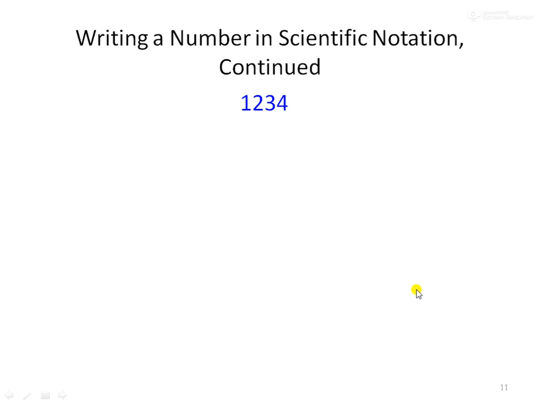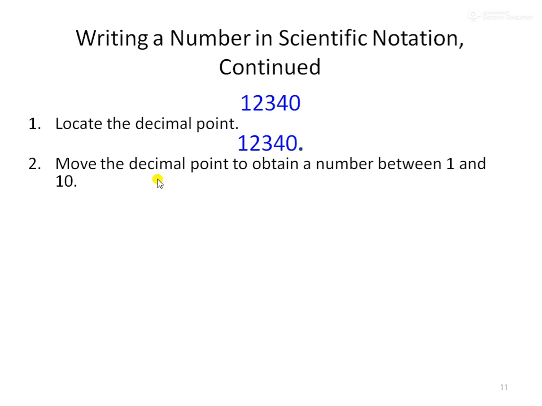Okay, so let's understand. This is the number which has been given to you. Locate the decimal point. The decimal point will be here. Now move the decimal point to obtain a number between 1 and 10. As you move it by 1, 2, 3, 4 places, you get a number between 1 and 10.